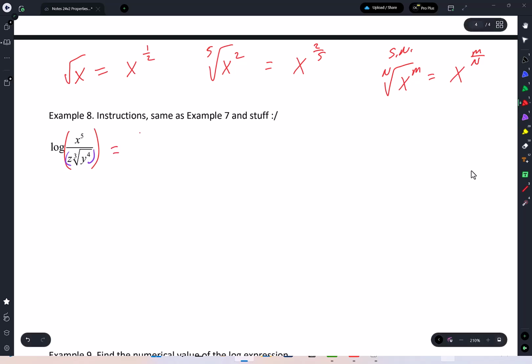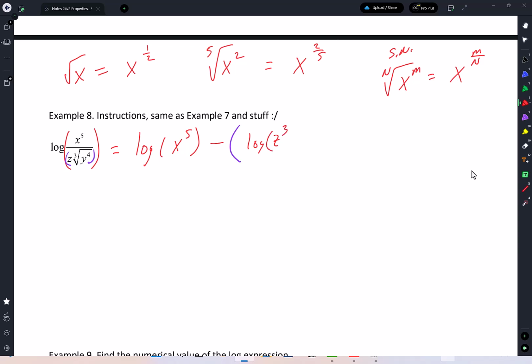So this is log x to the fifth, and then minus, and look, here it is in purple. I'm just doing the bottom: log z to the third plus log, and I'm turning this into an exponent, log y to the 4/3.